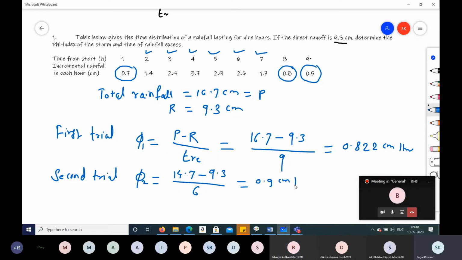0.9 centimeter per hour. Now whether this 0.9 centimeter per hour is correct or not, that we will check. How can we check whether the centimeter per hour value we have got is correct or not? Okay, so we will go down.